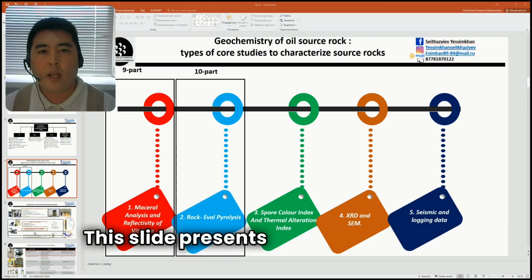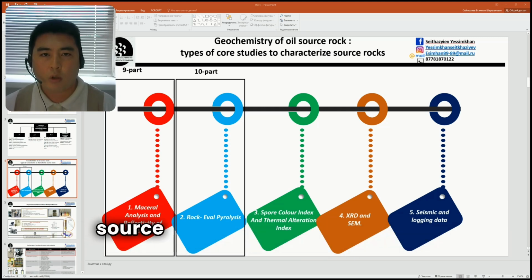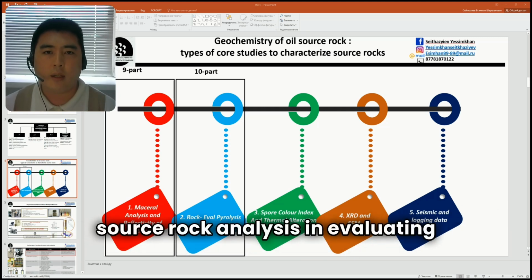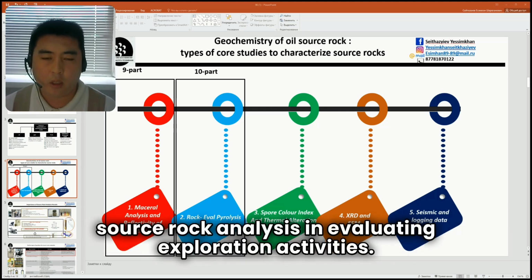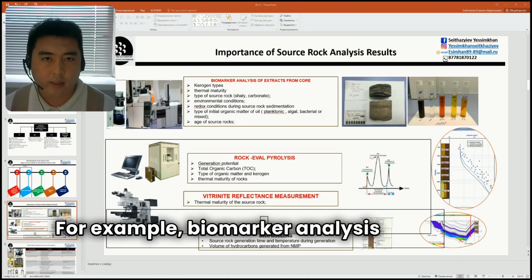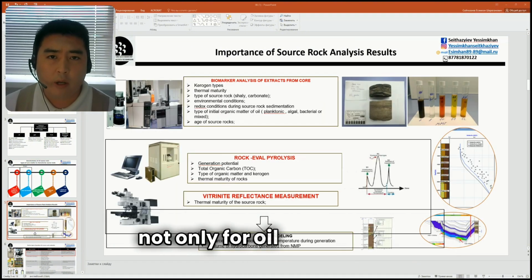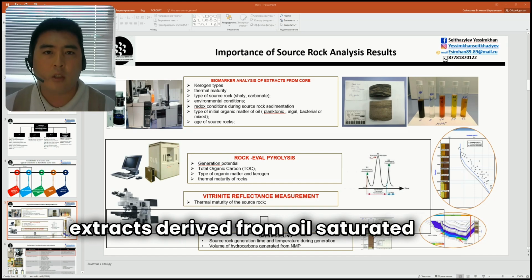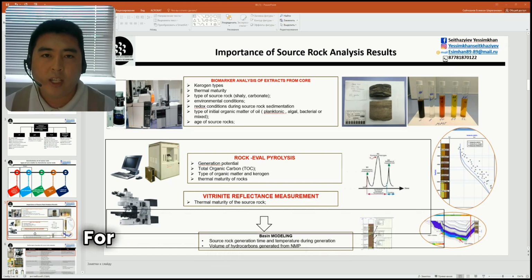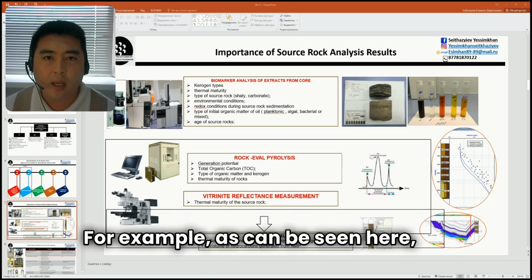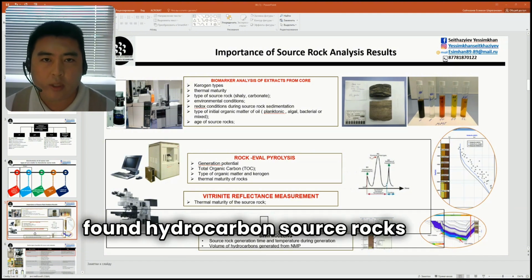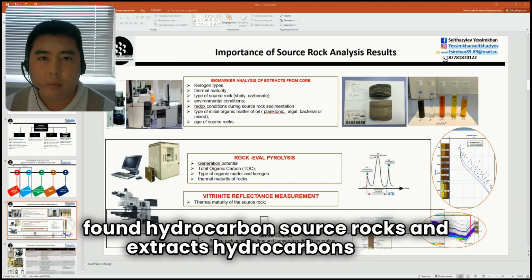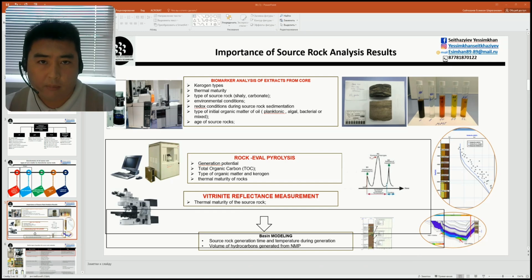This slide presents the importance of source rock analysis in evaluating exploration activities. For example, biomarker analysis is carried out not only for oil, but also for extracts derived from oil-saturated core intervals.